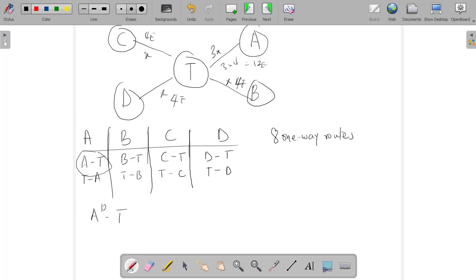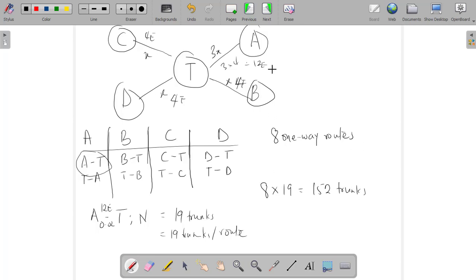So A will generate 12 erlangs to T. For 12 erlangs at 0.02 blocking, we are going to need N equals 19 trunks. And so we have 19 trunks per route. So the total number of one-way trunks in this system is given by 8 times 19, which gives us 152 trunks.